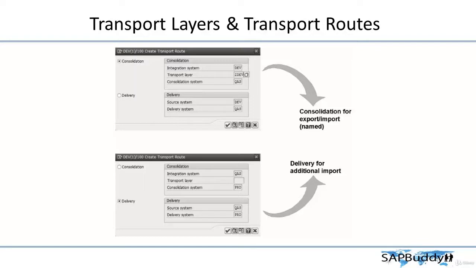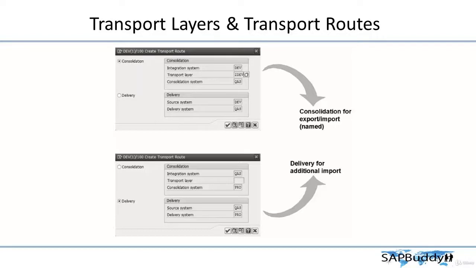But in the case of a customizing object, it is not necessary that it is created as a package. However, it will follow the standard transport route which you will be creating, and the standard route will be, let's say, the SID of the development system. That will be the standard route for development objects, or the standard route for customizing objects.